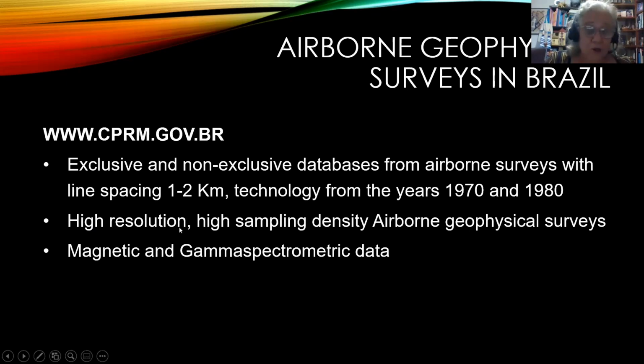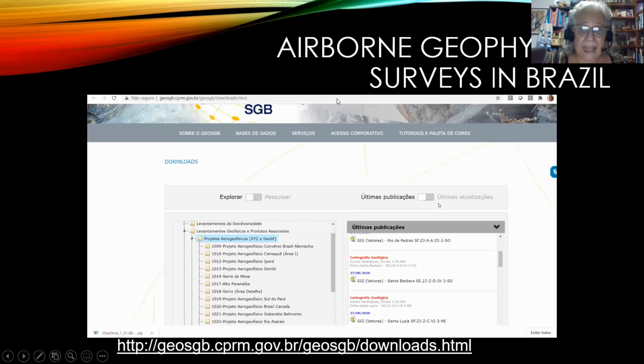And also the newer high resolution, high sampling airborne geophysical survey with magnetic and gamma spectrometric data. This is really good because we can use this data and provide more knowledge from them.